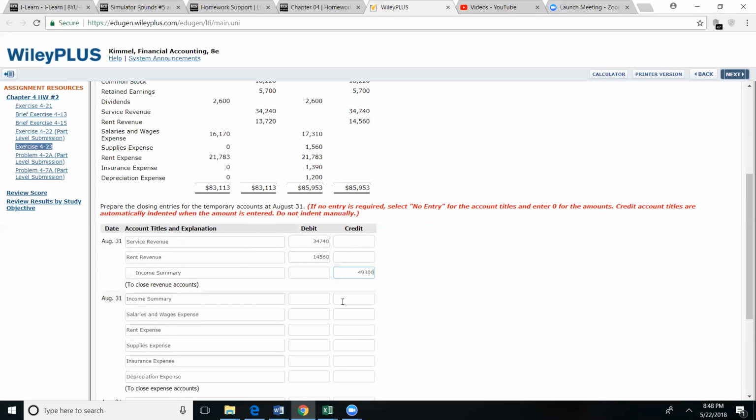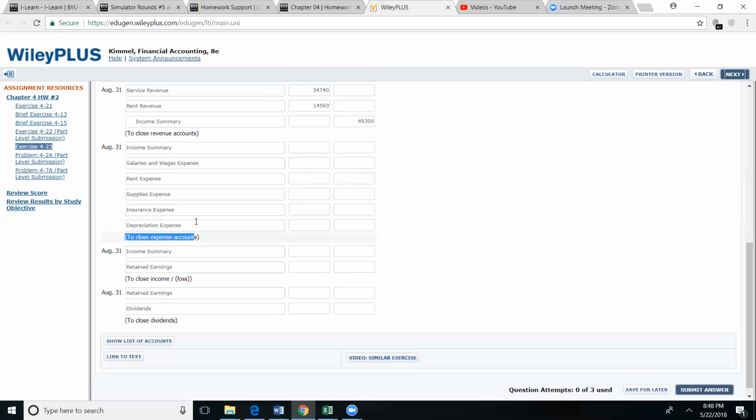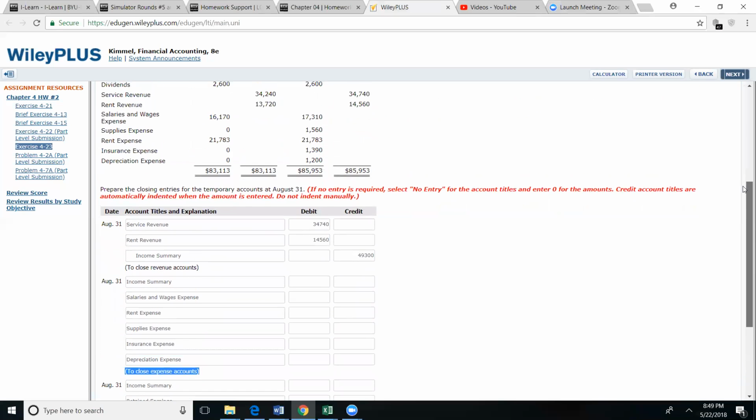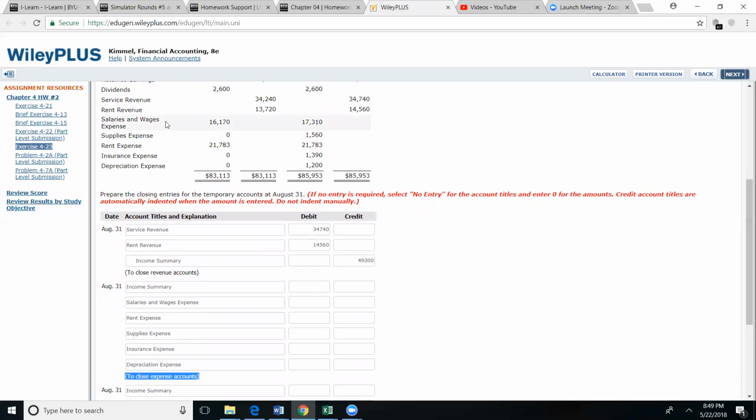Okay, so next we're going to close the expense accounts. The first one is salaries and wages expense, and that one's going to be $17,310.